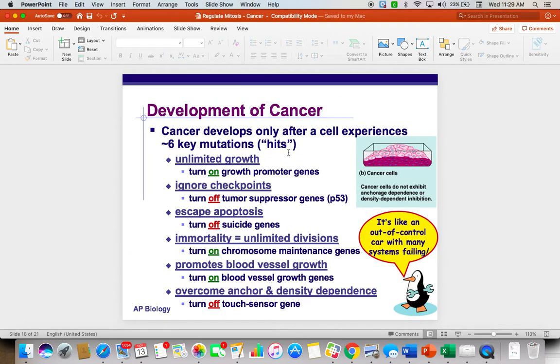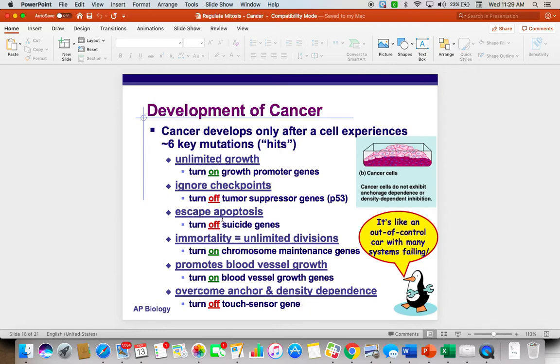And so when someone develops cancer, it's usually after this has happened. You have cells that are growing that are not supposed to. Cells are not utilizing those checkpoints.